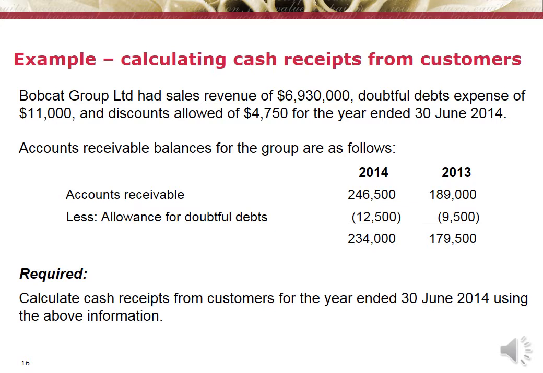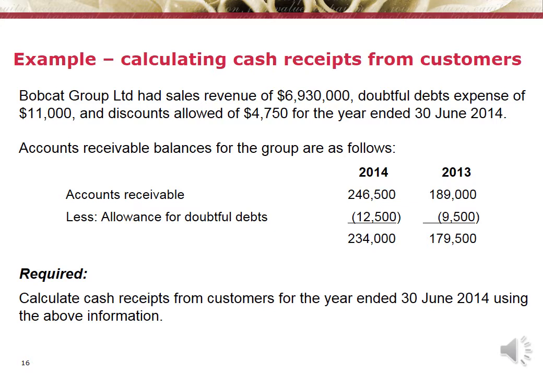The accounts receivable balance for the group was as follows. We've been given the opening and closing balance for both the accounts receivable and doubtful debts, and with this information we need to calculate the cash receipts for the year ended 30 June 2014. There'll be two parts in the process.